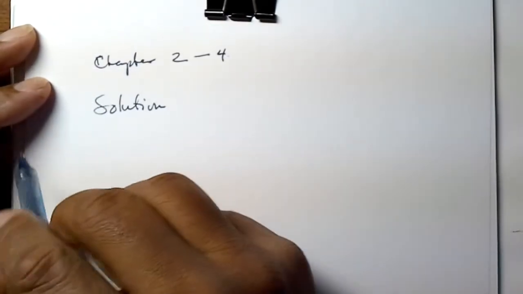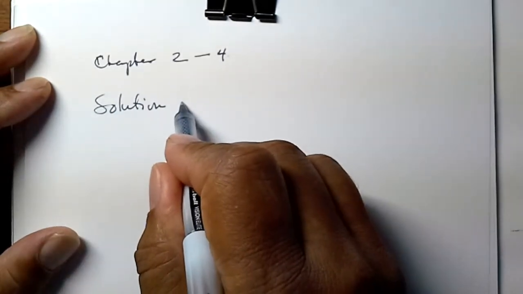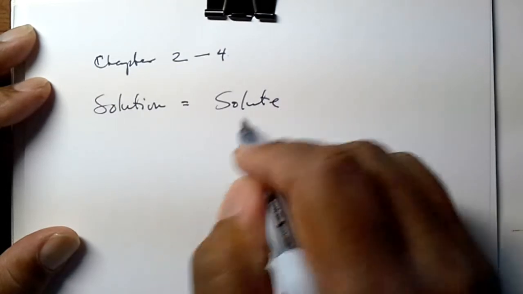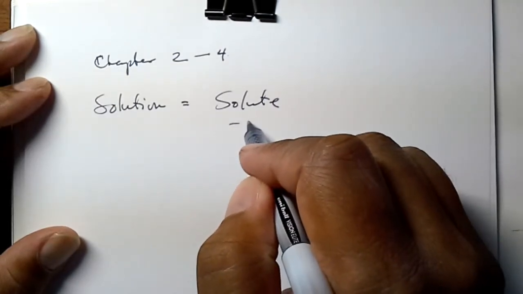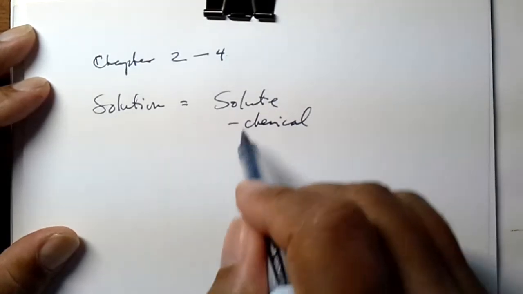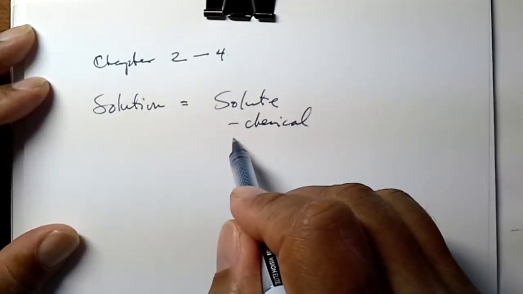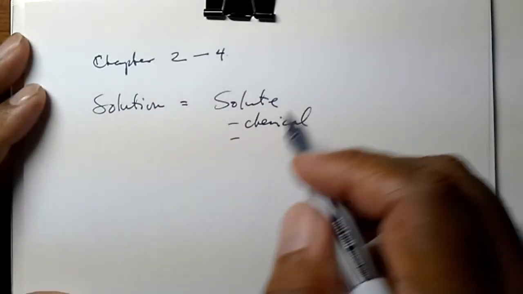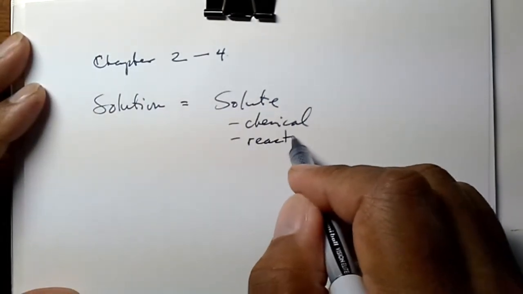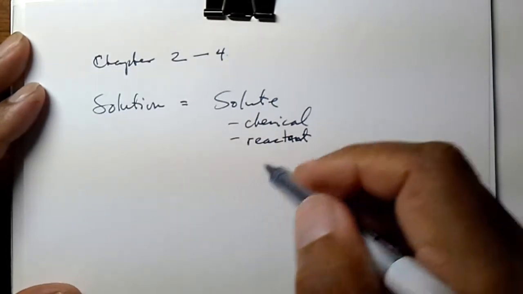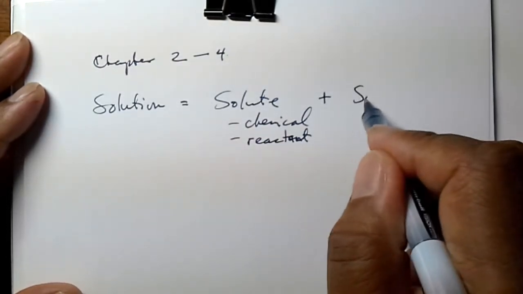Obviously, you should know a solution is a combination of a solute, that's usually some type of chemical, or some type of reagent, which is also a type of chemical, plus a solvent.